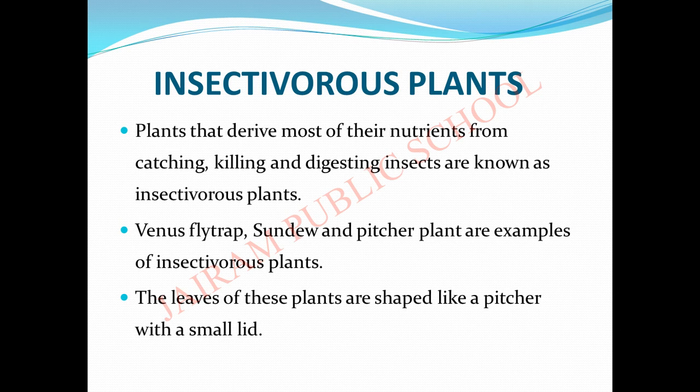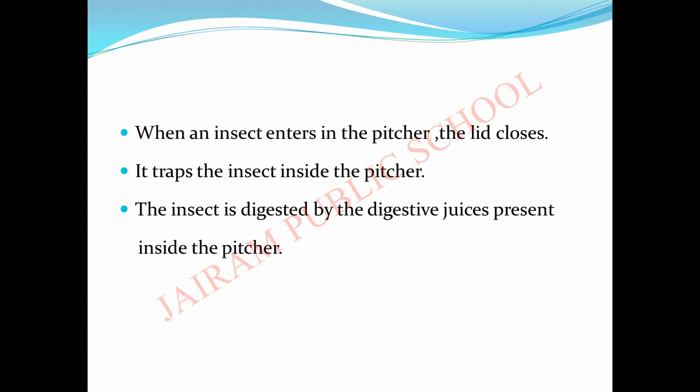The leaves of these plants are shaped like a pitcher with a small lid. Shall we move on to the next? When an insect enters the pitcher, the lid closes. It traps the insect inside the pitcher.